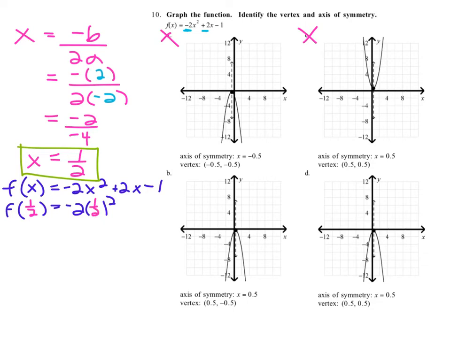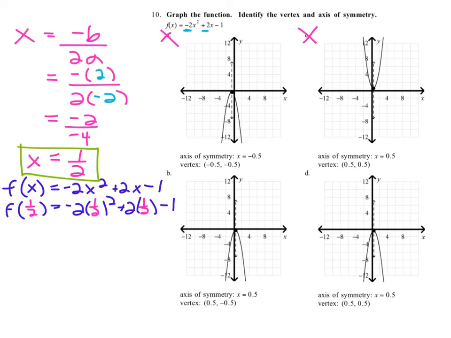What I'm doing now is I'm rewriting the original equation with the x coordinate of the point I'm looking for in there. Because if the axis of symmetry is at x equals 1/2, then every point on that line, including the vertex point where our curve runs into the axis of symmetry, will have that x coordinate. So then we can plug that x coordinate in to find out what's the resulting y value.